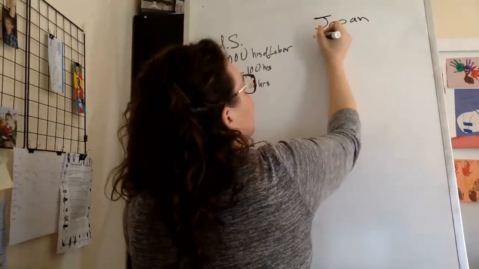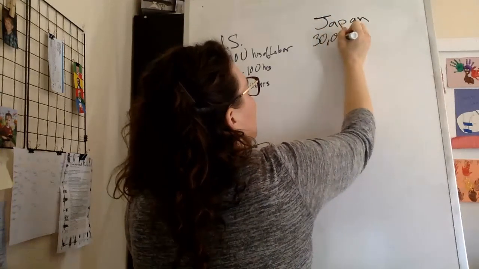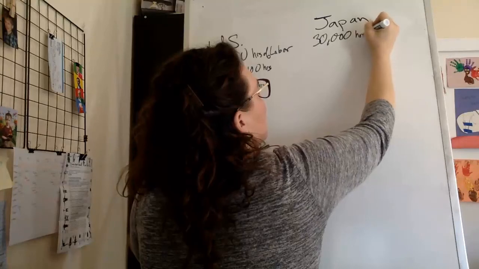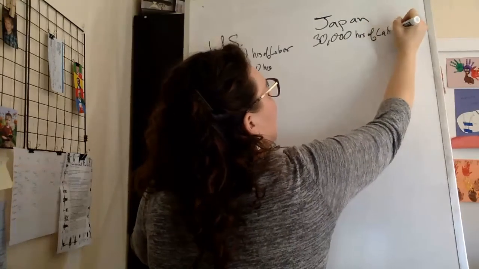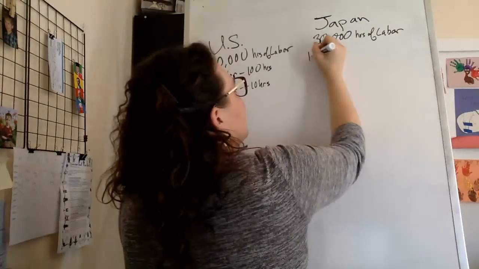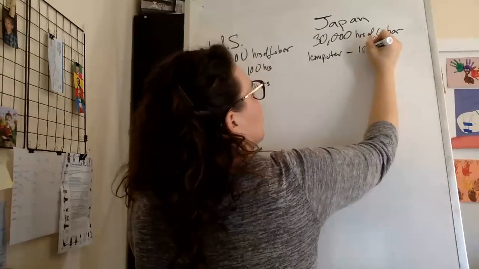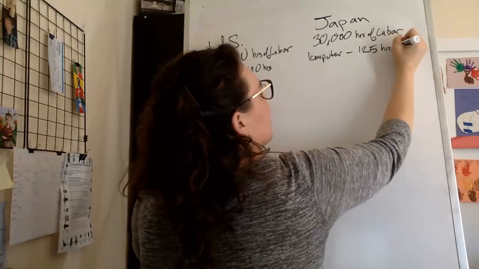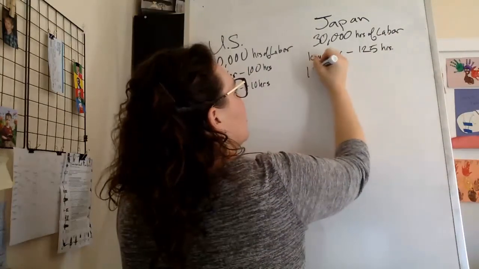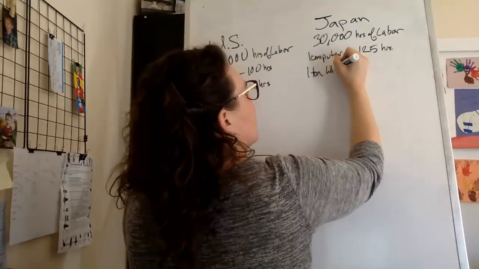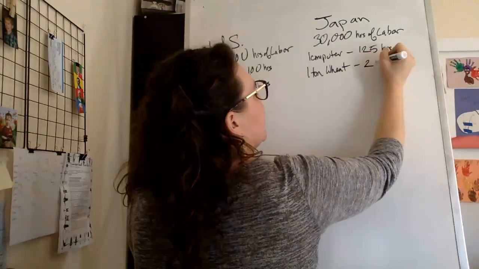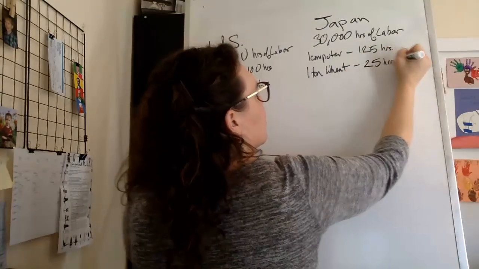They have 30,000 hours of labor. To produce one computer, they need 125 hours of labor, and to produce 1 ton of wheat, they need 25 hours of labor.